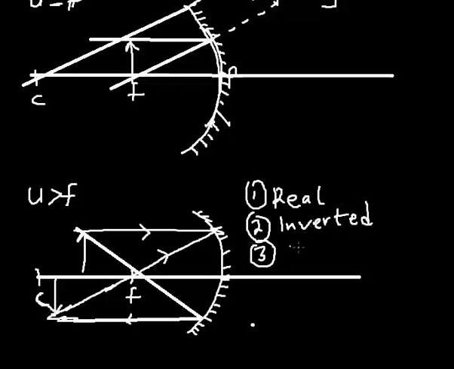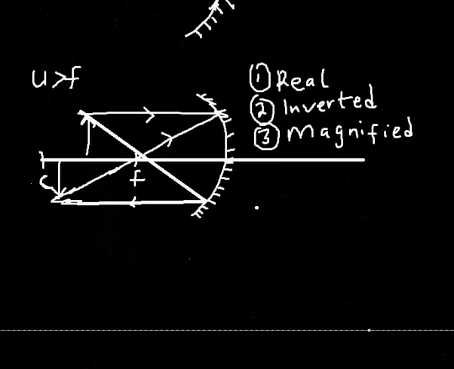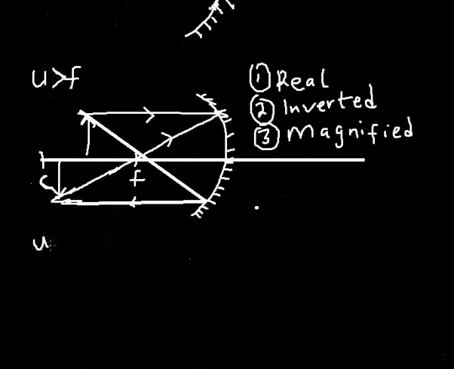Number 3, the image is also magnified. Now if I bring the object from here, beyond F, to the point where the object is at C, the characteristics of the image you will have is, of course, that it is real.